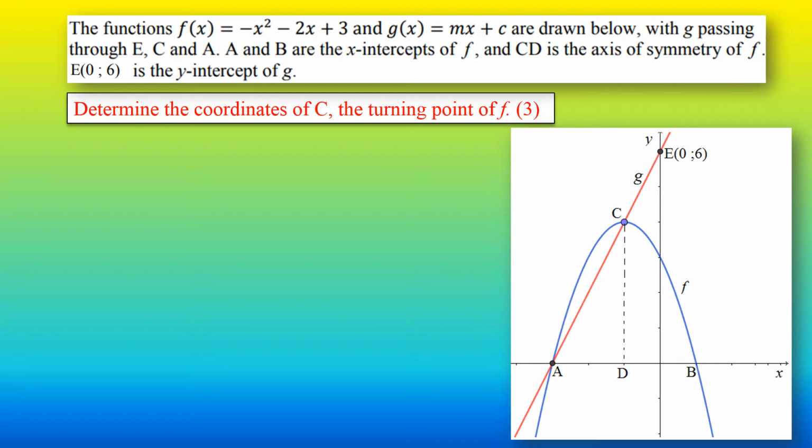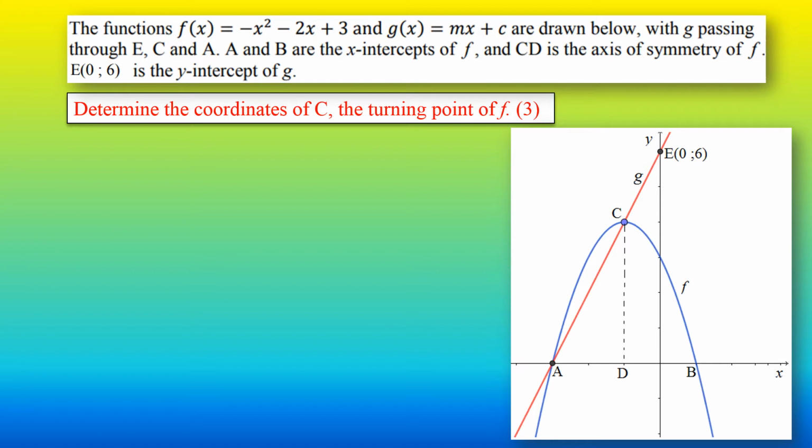Now we have the axis of symmetry in the diagram but no information. Now what we do, we have to calculate the turning point of f of x equal to minus x square minus 2x plus 3, an expanded equation.